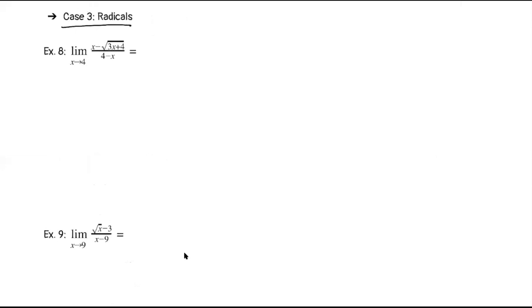Let's see what happens. 4 minus 3 times 4 plus 4, over 4 minus 4. Let's see, 4 minus the square root of 16 over 4 minus 4.